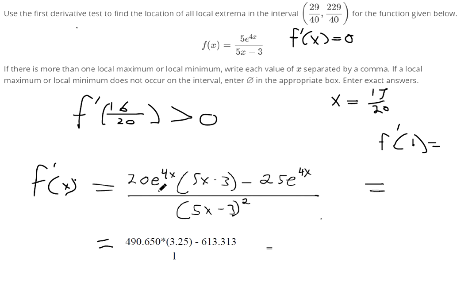If you plug in 1 into this thing, it's 20e times 5 times 1 is 5. 5 minus 3 is 2. Minus 25. Sorry, that's e to the 4th power. That's minus 25e to the 4th over 5 times 1 minus 3 squared.